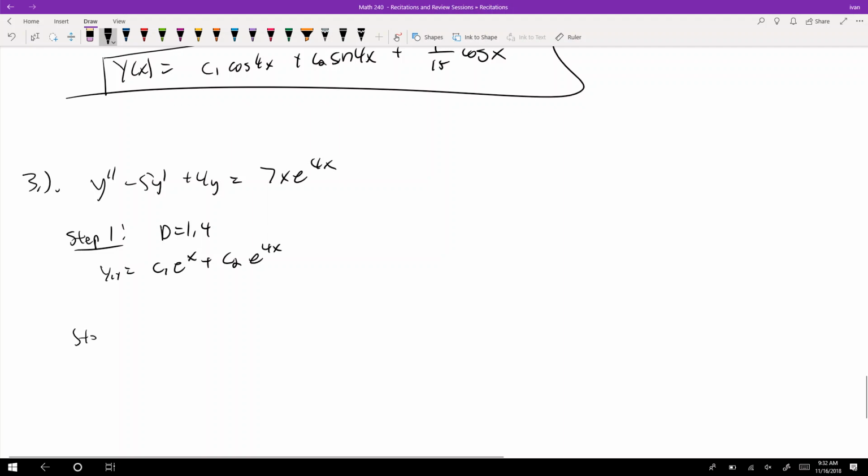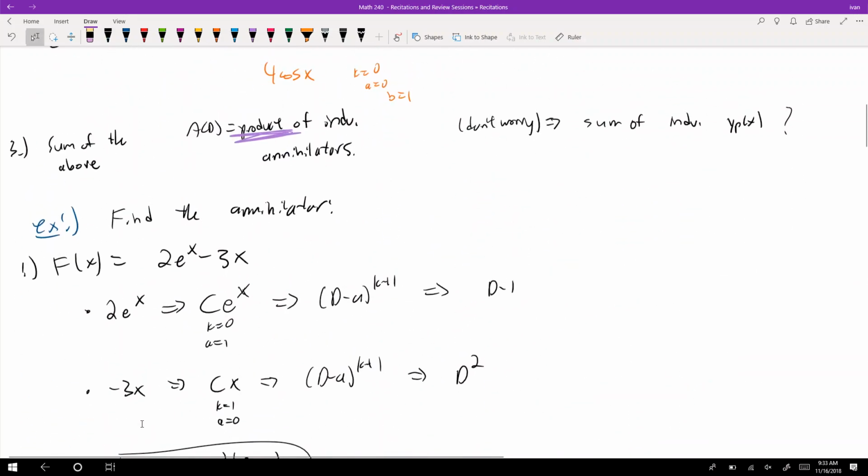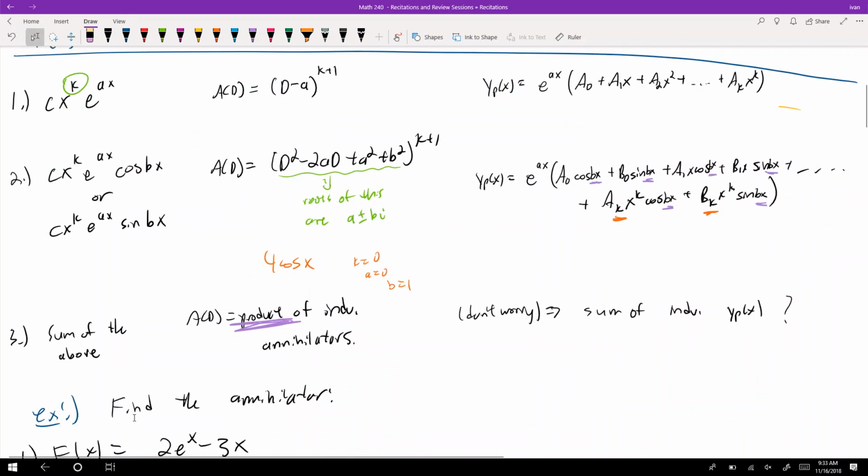Okay, step 2 is to guess yp. All right, so my right-hand side is 7x e to the 4x. We're going to go up to this table, and we're going to look at it for some inspiration. 7x e to the 4x.